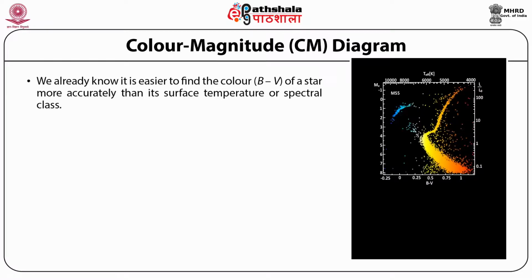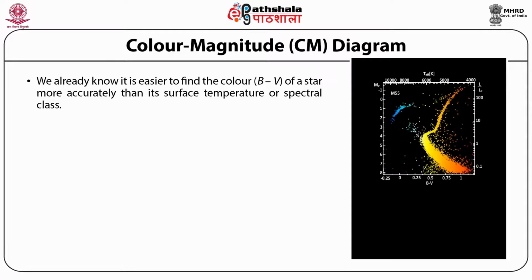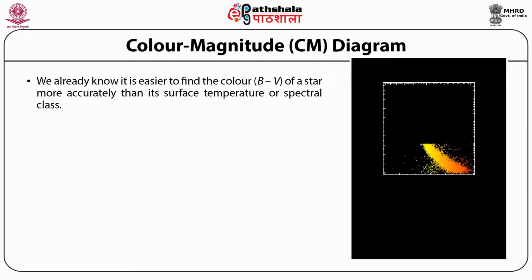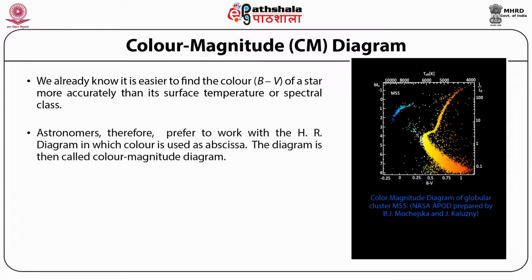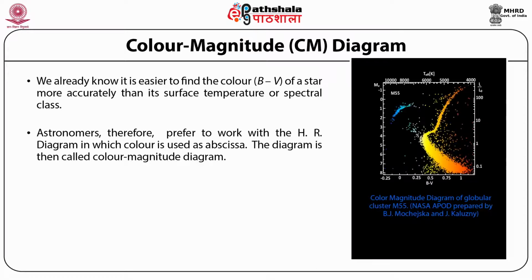We already know it is easier to find the color, that is B-V, of a star more accurately than its surface temperature or spectral class. Astronomers therefore prefer to work with the HR diagram in which color is used as abscissa. The diagram is then called the color magnitude diagram.